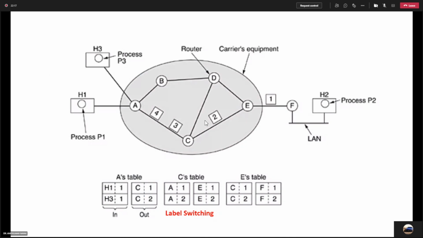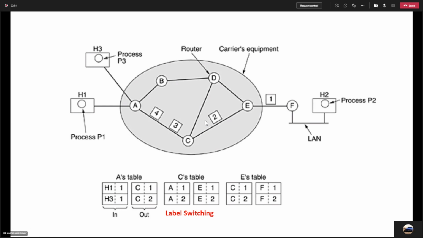I think the table which is available under the connection-oriented service, under the virtual circuit, this table we have to discuss. I have said that you have to refer to the table of A, C and E. You have to refer that A is maintaining the input queue, A is also maintaining the output queue.